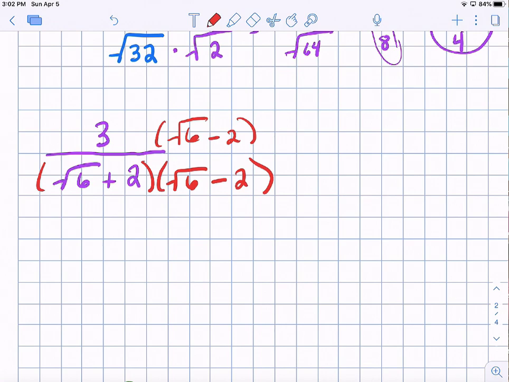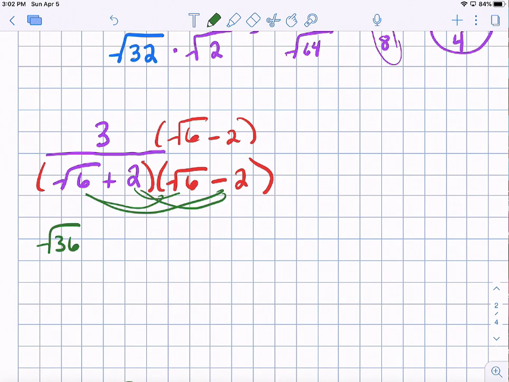Here's why. When I multiply this out in the denominator using the box method or the FOIL method or distributive property, same thing as we did before, what is that going to look like? Here's what it's going to look like, and here's why this works so well. If I multiply all this stuff out, distribute all my parts. First, square root of 6 times the square root of 6 is the square root of 36. And remember again, as I multiply this out, what was our goal?